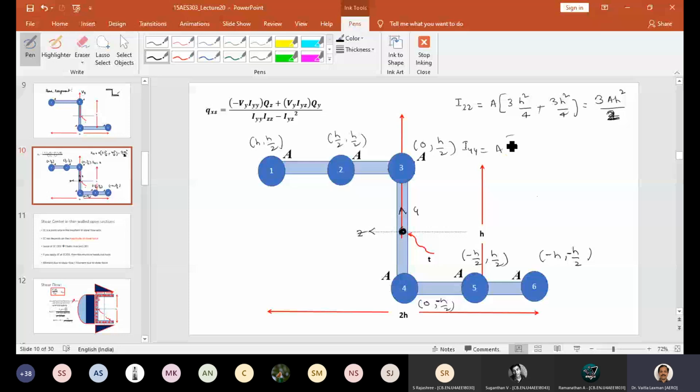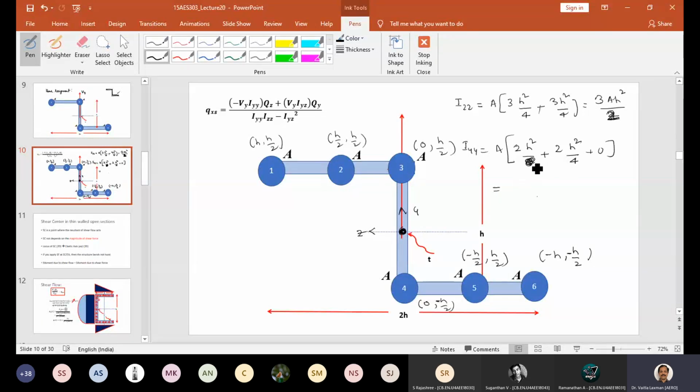Similarly, you try to get it for Iyy. Iyy is again area times this distance, this distance, this distance. So two such things are there. These are zeros. First is zero. I can start from 1 and 6. 1 and 6 means 2 into h square by 4, plus 2 into h square, plus 2 into h square by 4, plus 0.